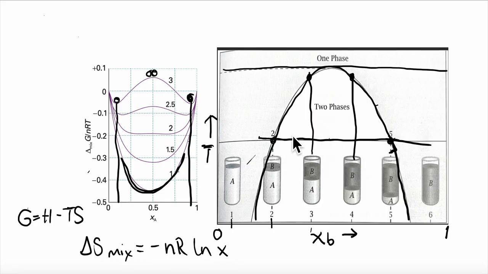And wherever we go on this diagram, even though we increase or change the composition, the solubility will be the same, because we're still at this specific temperature. So nothing has really changed except the composition.